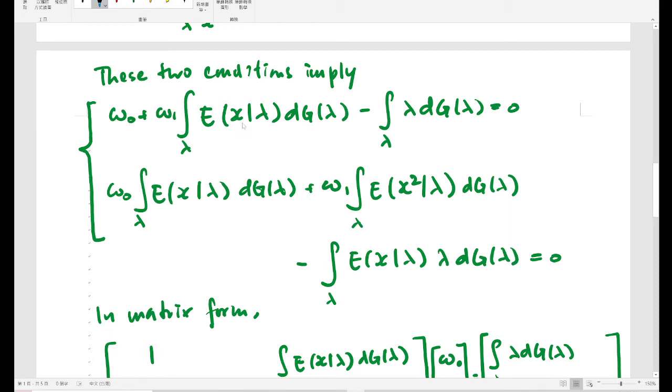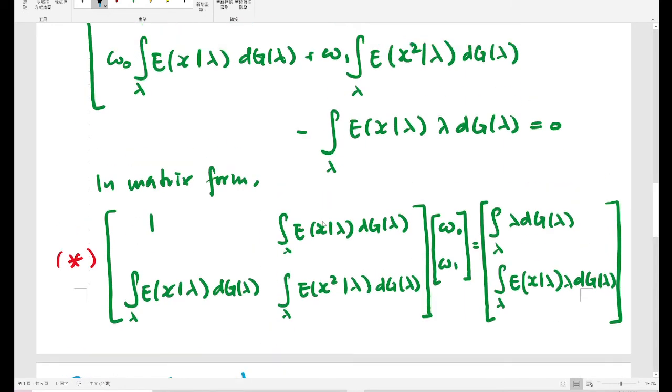After some algebraic manipulation, which is very straightforward, we can get these two equalities, which are in terms of the conditional moments of x conditional on lambda. This is the simplification, and then we can write things in matrix form.